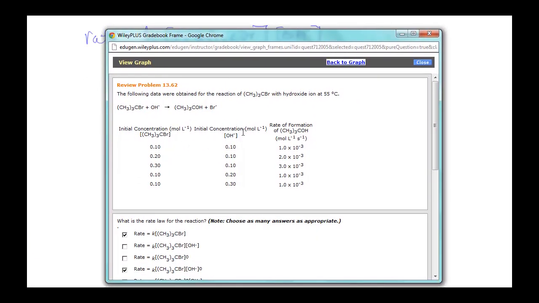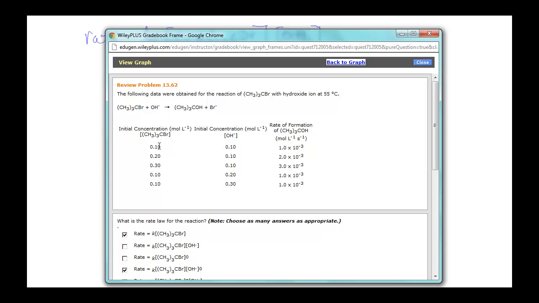So let's say that I hold the hydroxide ion concentration. I want to look for the exponent in the OH minus, the hydroxide ion concentration. So I'm going to be varying the concentration of hydroxide ion while keeping the concentration of (CH3)3CBr constant. That's going to allow me to get the exponent for the OH minus. So let's see.